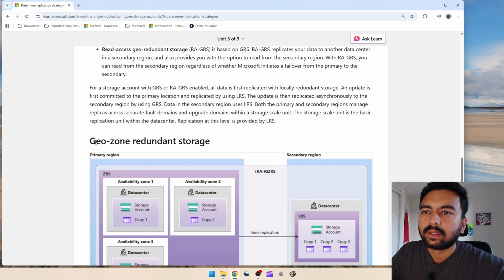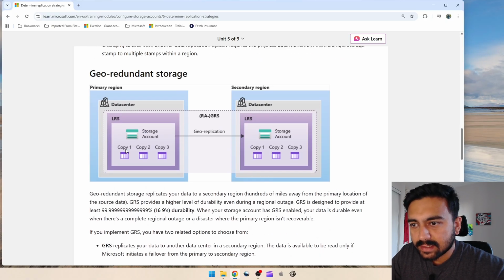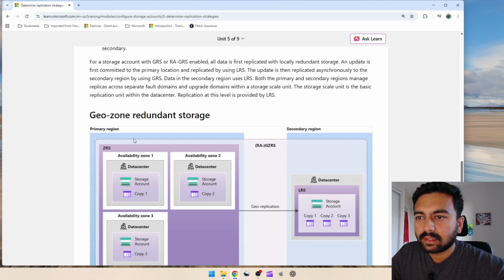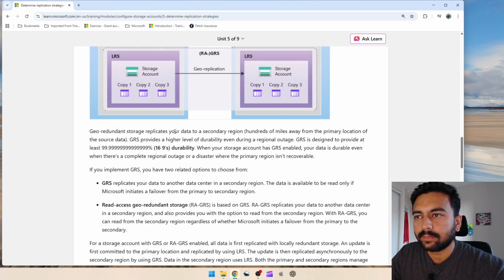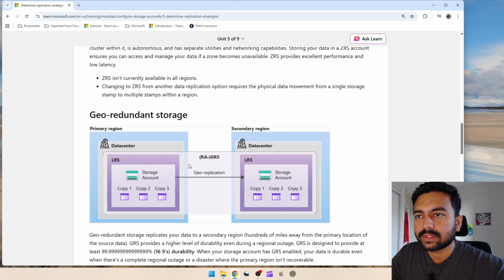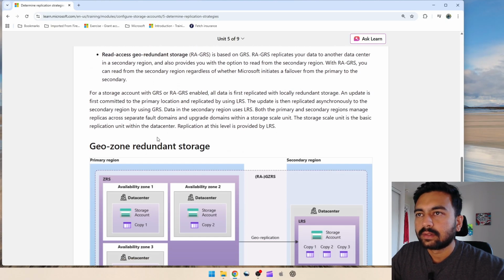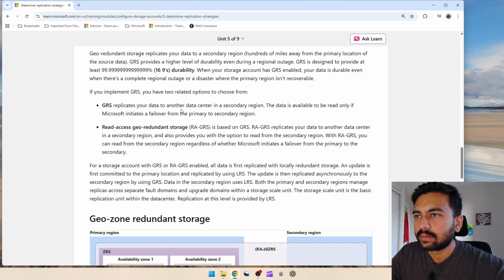So you combine GZRS with read access, and it looks like it uses the same replication strategy. Microsoft initiates a failover.